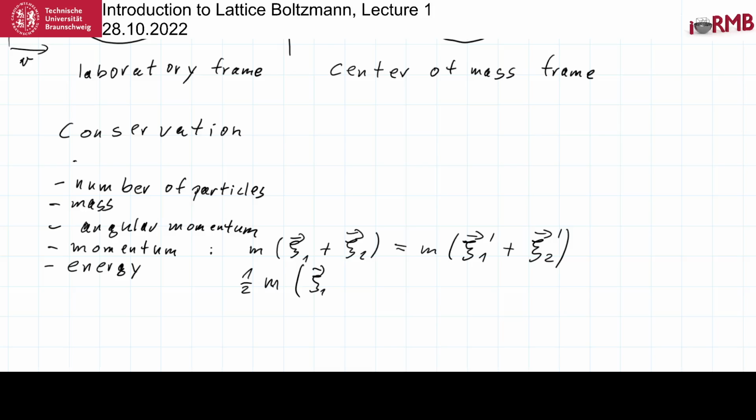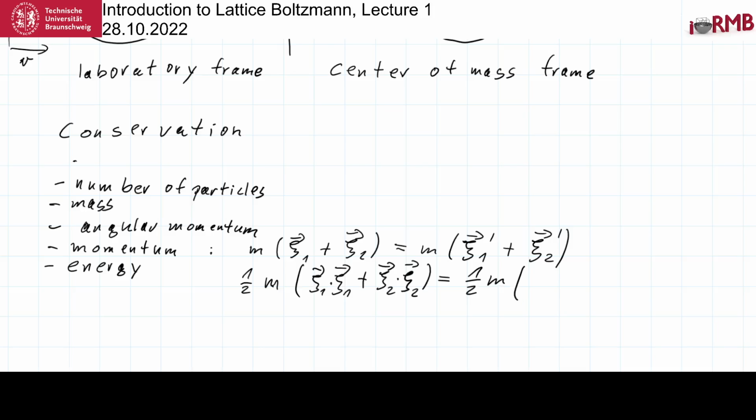So now the velocity squared is xi1 times scalar product itself, plus xi2 scalar product itself would be equal to 1/2 m.